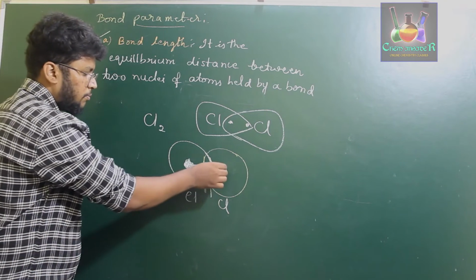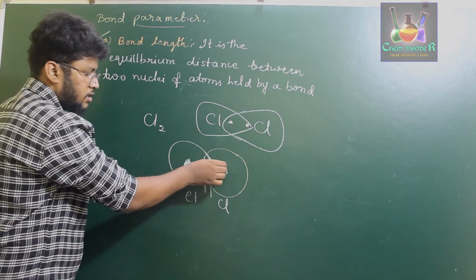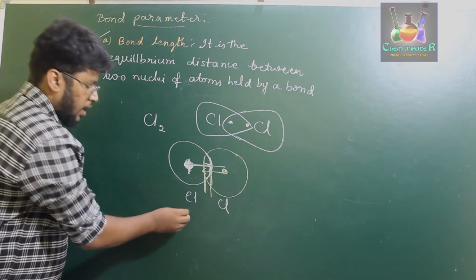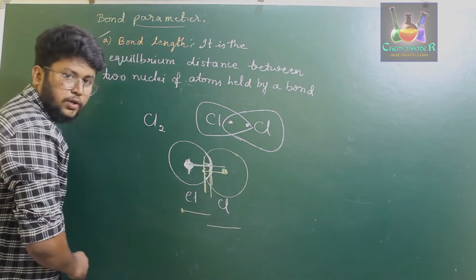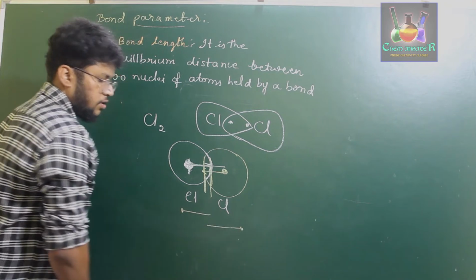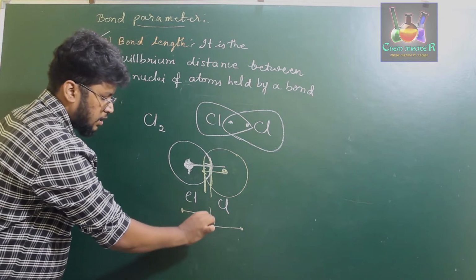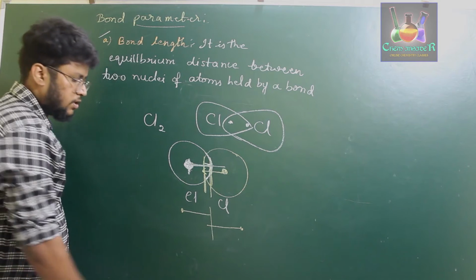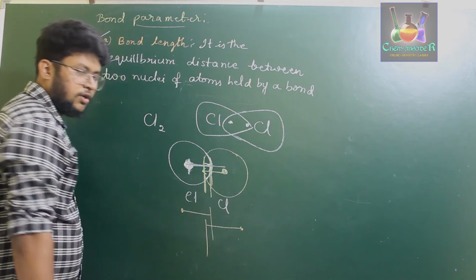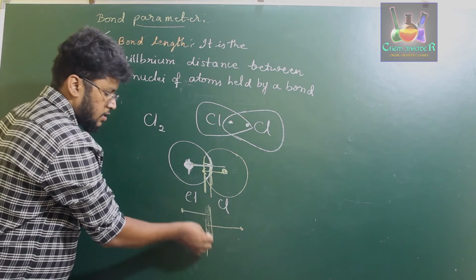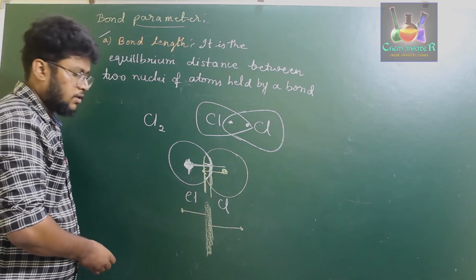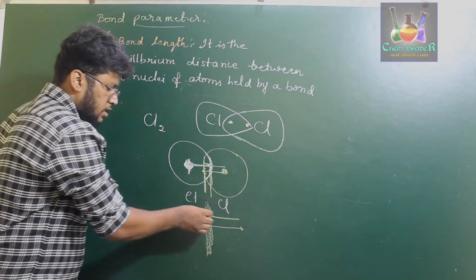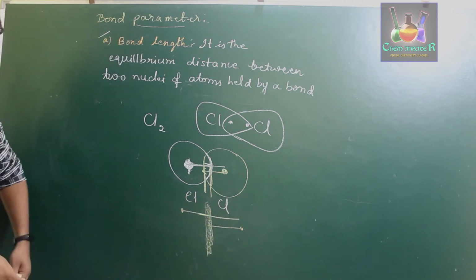So the total bond length will be this distance, in which we have this and this from the covalent. If this is the nucleus of the left chlorine, this is the nucleus of the right chlorine, and this is the last point of influence for the first and this is the last point of influence for the second chlorine, this distance is an additional distance between the two nuclei. Therefore, the overall distance has to be cut off with some value.